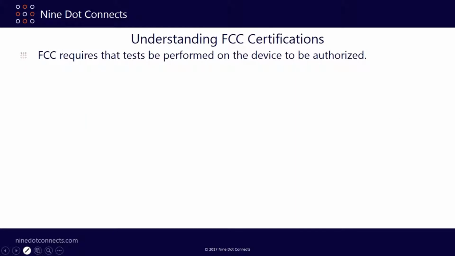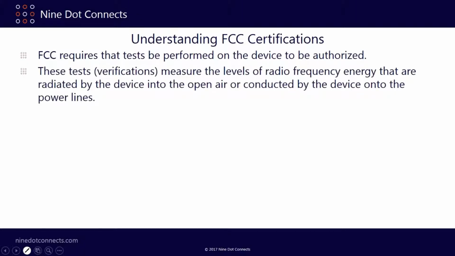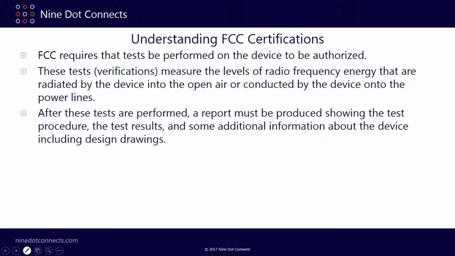Now, the FCC is going to require that tests be performed on your device to make sure that it plays well with others. These tests or verifications are going to measure the levels of radio frequency energy that are radiated by the device into the open air or conducted by the device onto the power lines. After these tests are performed, a report must be produced showing the test procedure, the test results, and some additional information about the device, including design drawings.